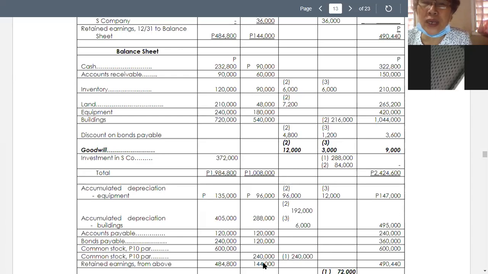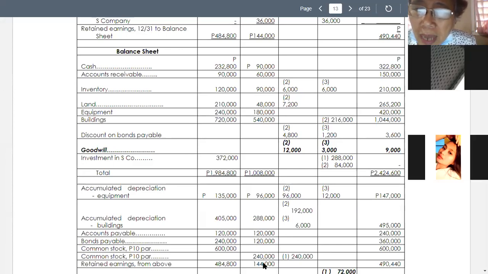Just carry it fully. A discount, instead of including it among the assets, include it under your bonds payable. Though you will have the same entries for 8 and 1,200. I hope you understand what I mean. Class? Hello? Yes, ma'am. The discount, you have moved it down. Instead of among the assets, you move it under bonds payable, though the entries are still the same.